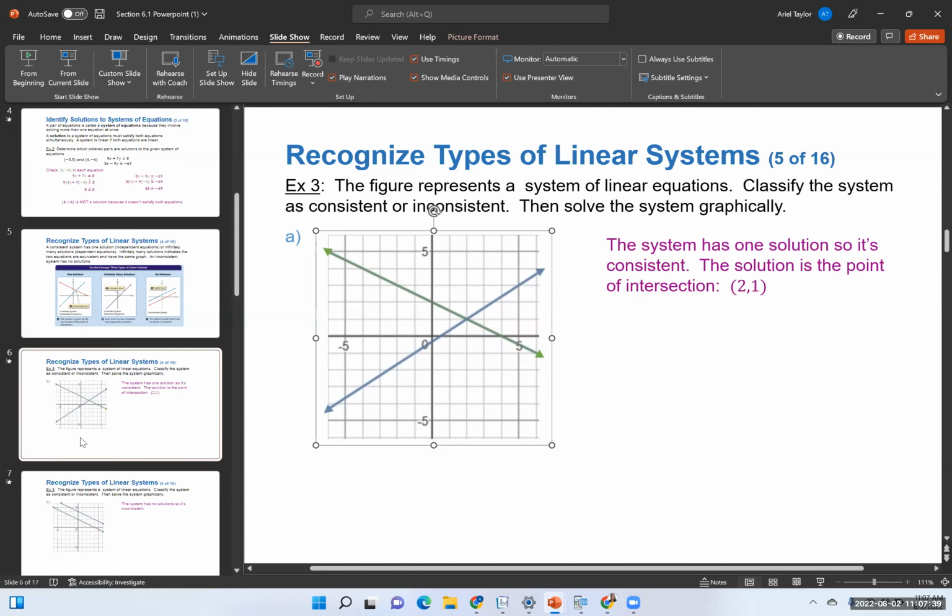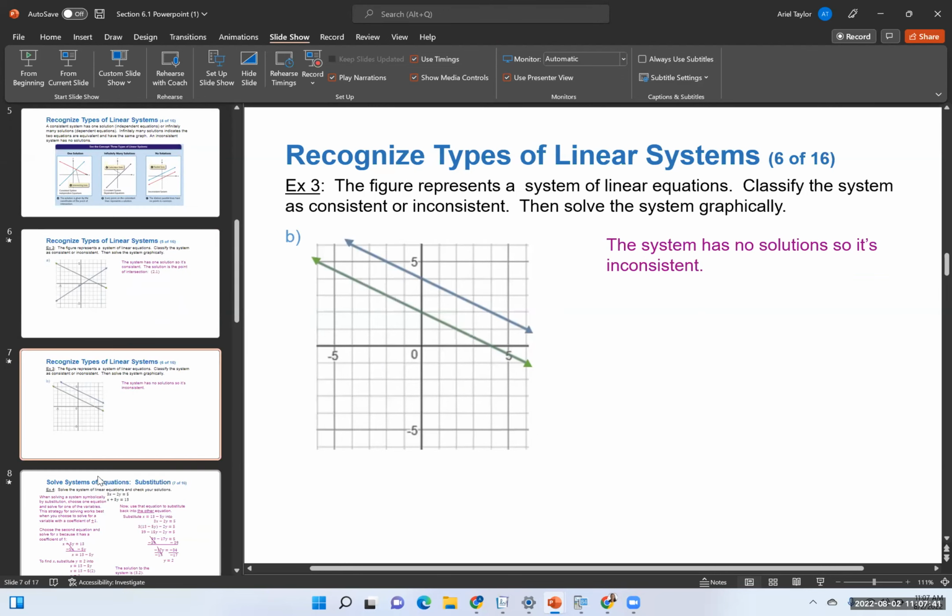Okay. Number 3, inconsistent, no solution. They never touch, so it's inconsistent. They never touch, so there's no solution. Any questions?